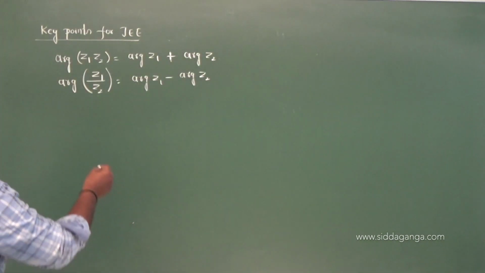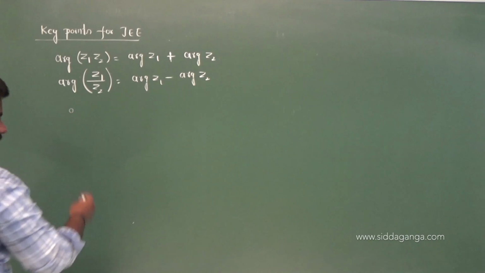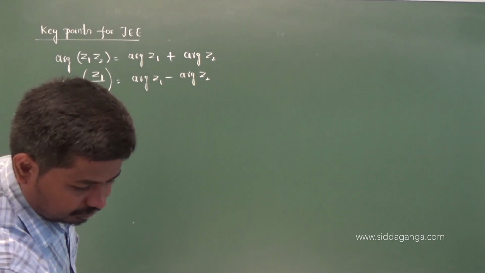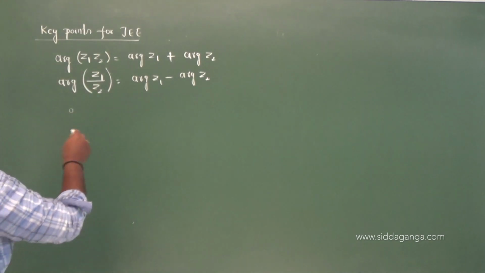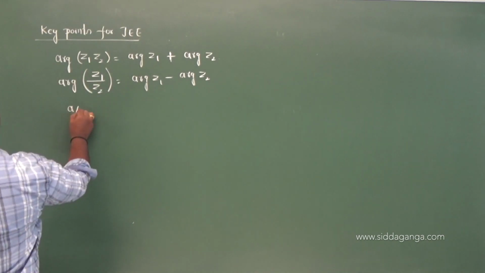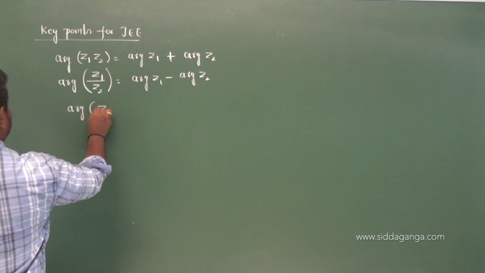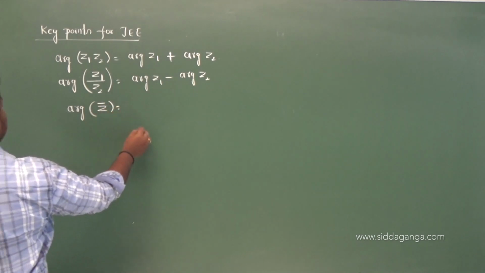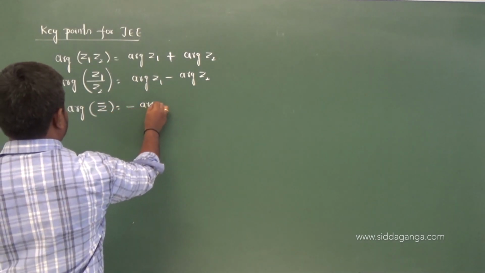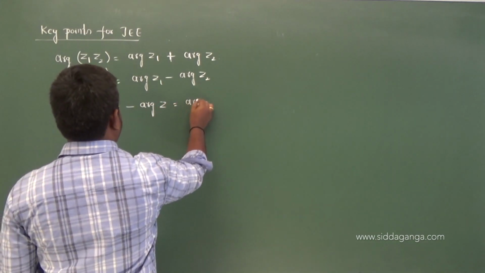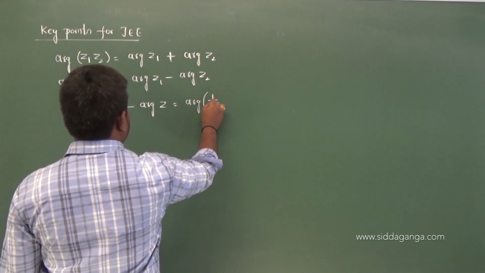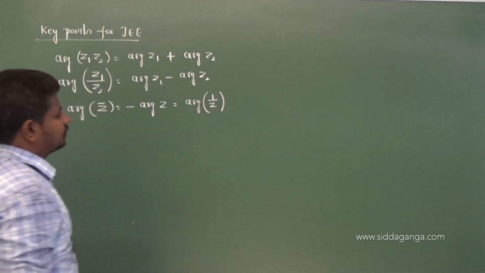Next one. Argument of the conjugate of a complex number is equal to minus of the argument of that complex number, and that is also equal to the argument of its multiplicative inverse.